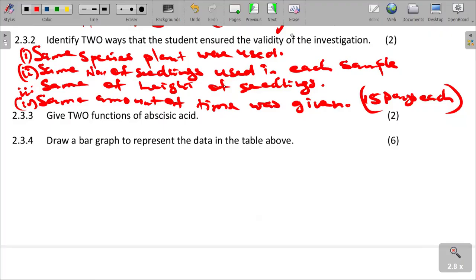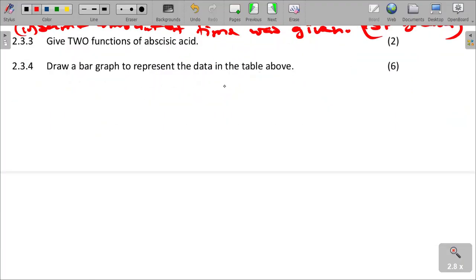Give two functions of abscisic acid. Number 2.33, abscisic acid actually controls loss of water vapor.